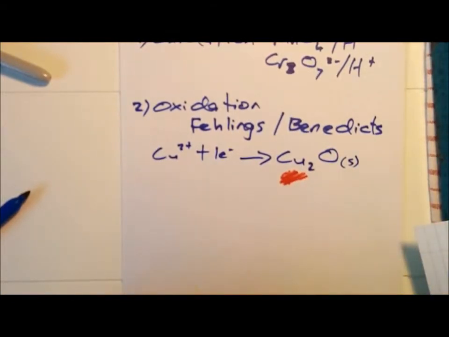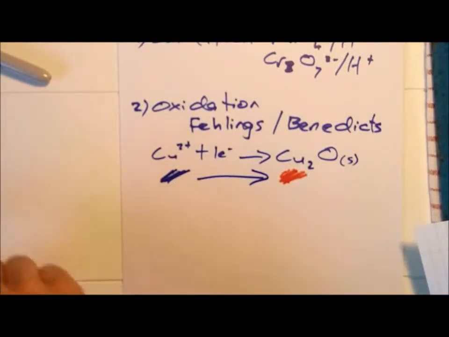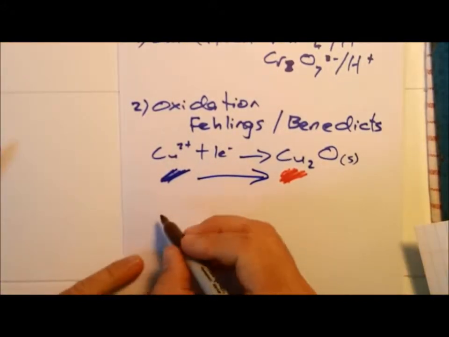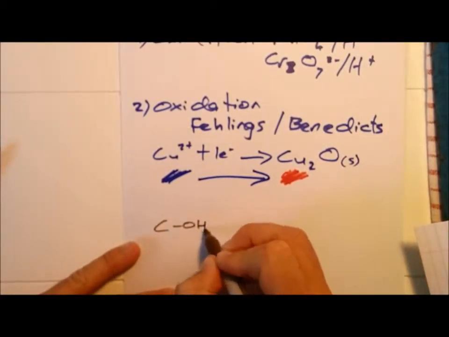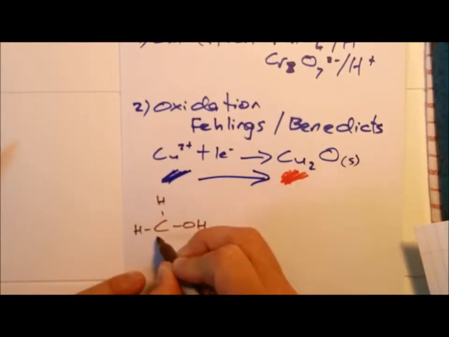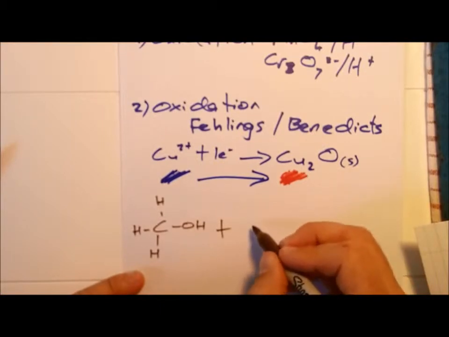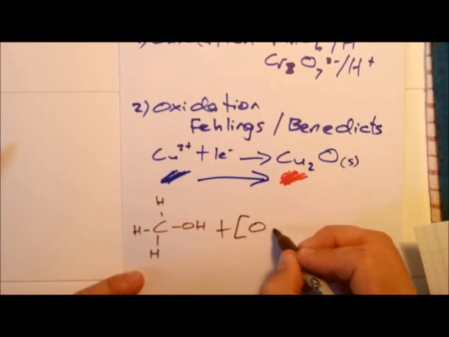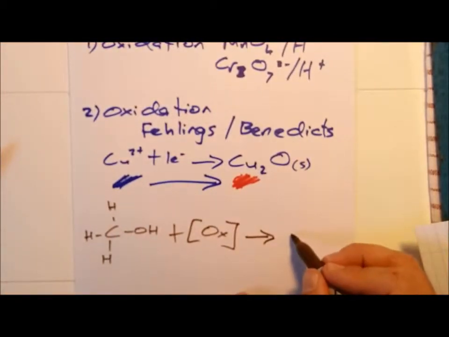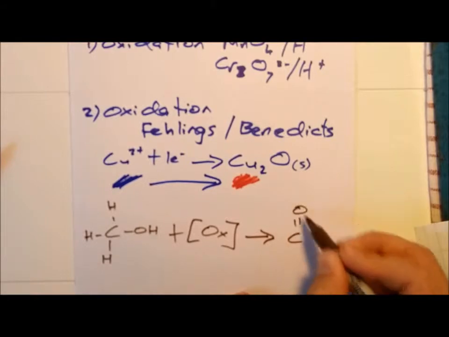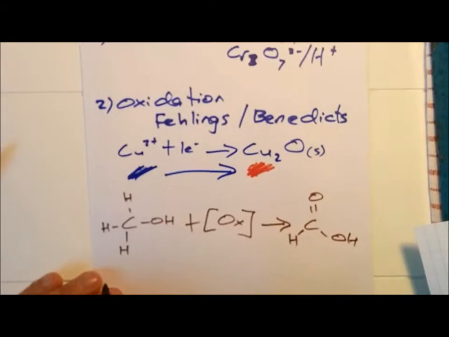So you would observe a color change of blue to brick red, and the alcohol, for example methanol, plus Benedict's or Fehling's, which is just an oxidizing agent, will be oxidized through to a carboxylic acid, and that will be your reduction reaction.